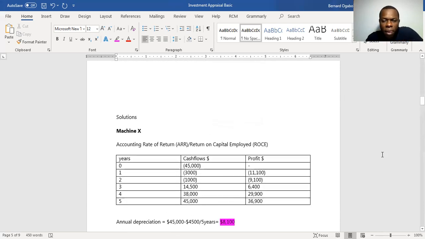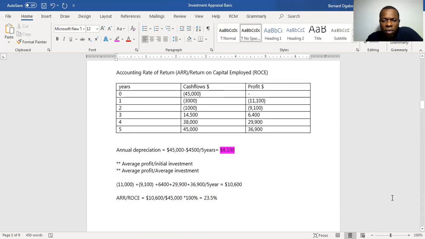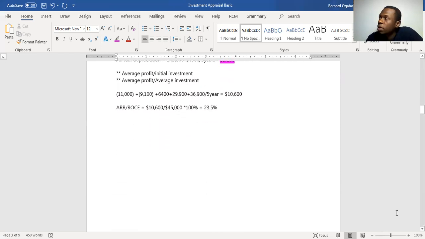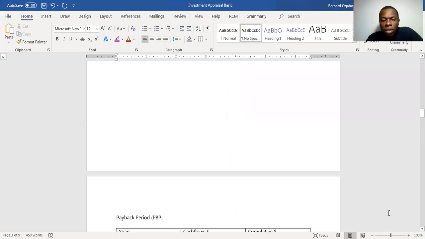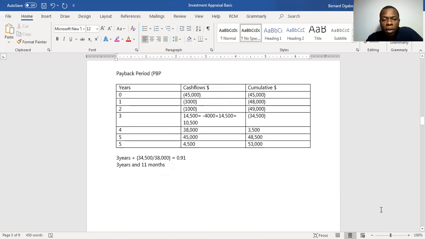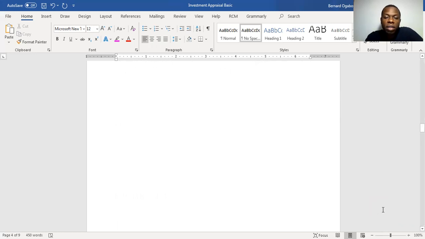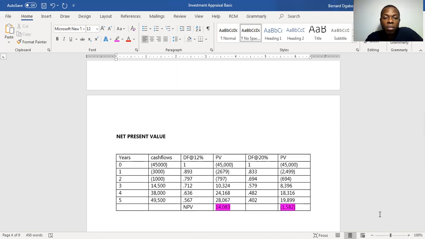we have the accounting rate of return to be 23%. The second machine, we have 21.7. We have the payback period to be 3 years and 11 months. Machine Y is 4 years and 11 months.